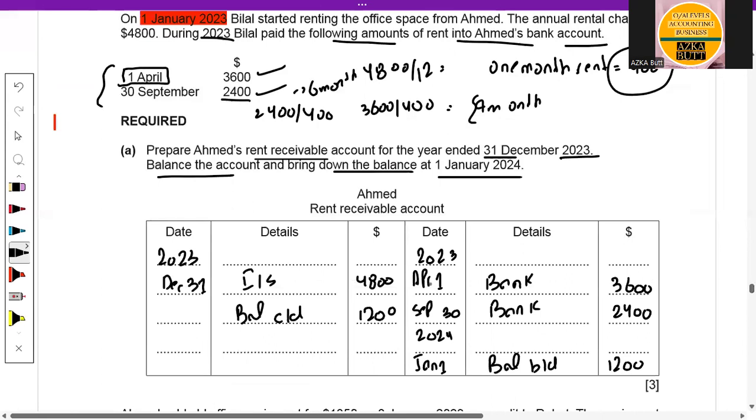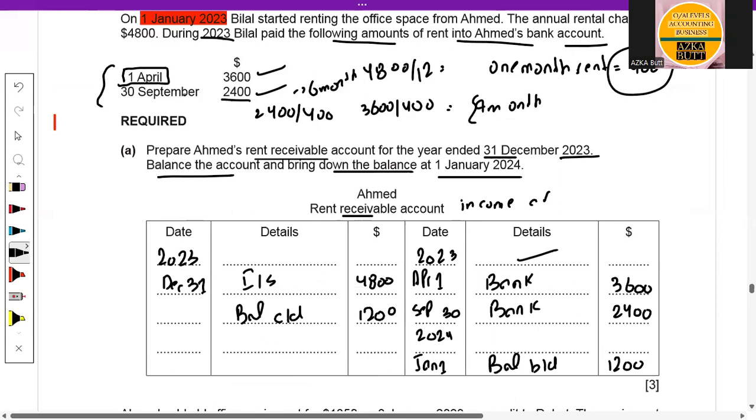In 2023, we received $3,600 on 1st April, so we have to make the entry for bank. Rent receivable is the income account for Ahmed, so the income account would be credited and bank would be debited by 3,600.